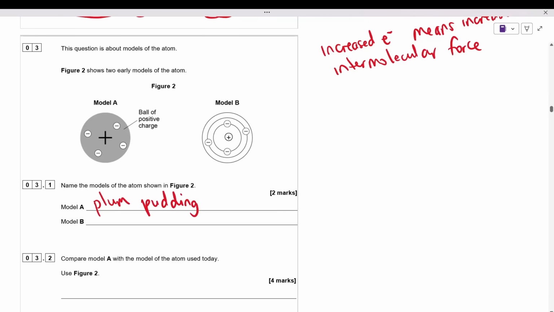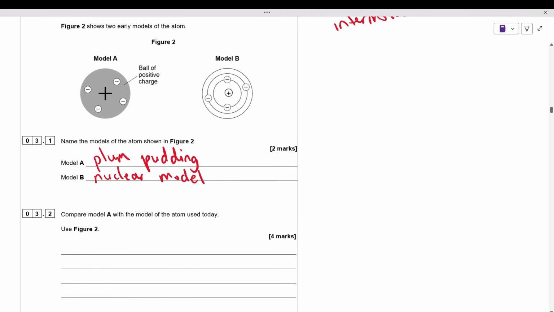If you want to say the Thomson model, that's fine as well, because J.J. Thomson is the one who coined this model for the atomic structure. Model B is the nuclear model. If you want to say it's the Ernest Rutherford or Rutherford-Bohr model, that is fine as well.